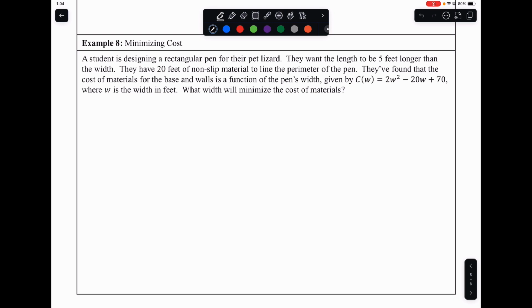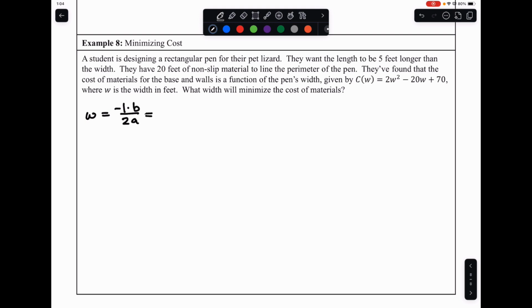So let's see this again. To figure out the minimal cost, we first have to figure out what width is going to result in the minimum cost. So we're going to get negative 1 times the value of b divided by 2a.